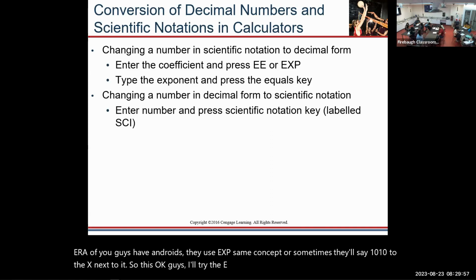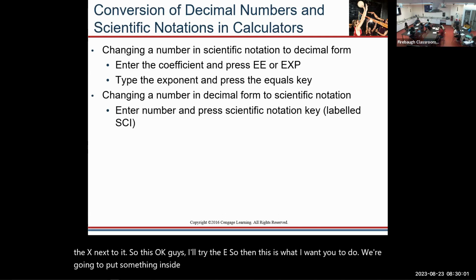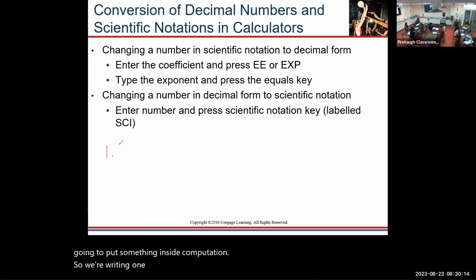So then this is what I want you to do. We're going to put something in scientific notation. So we're writing 1.67 times 10 to the negative 25.